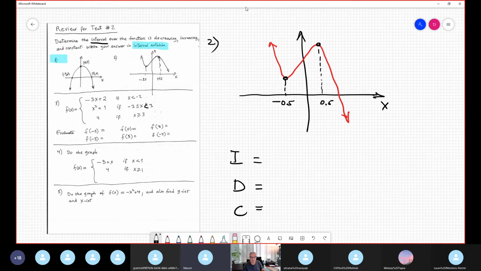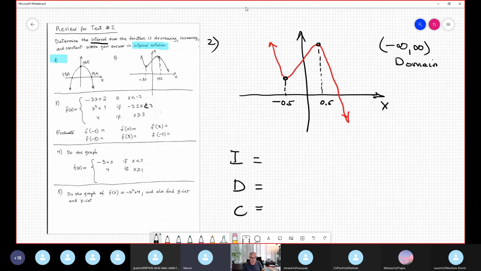Remember, our domain is from negative infinity to positive infinity. I suppose that, because I cannot see any hole, any gap. This is my domain. But I need to specify inside the domain where the part gets increasing, where the part gets decreasing, and where the part gets constant.